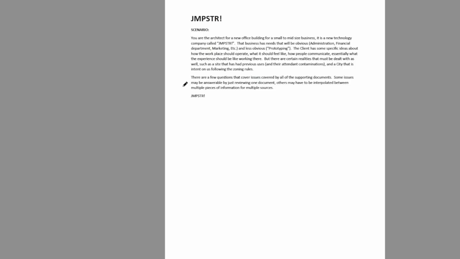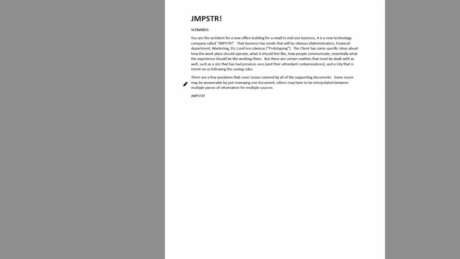So probably the first thing to do is take a look and read the scenario. I'm just going to read it out real quick. Scenario: you are the architect for a new office building for a small to mid-sized business. It is a new technology company called Jumpster. That business has needs that will be obvious, things like administration, financial departments, marketing, stuff like that, and some less obvious, like prototyping.